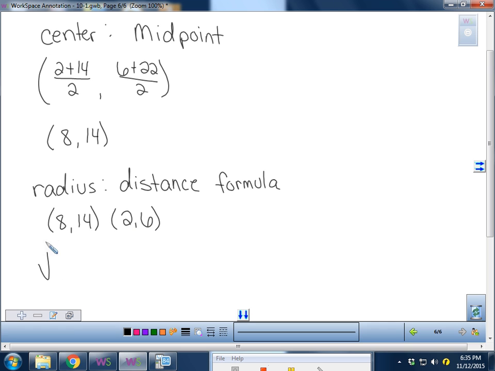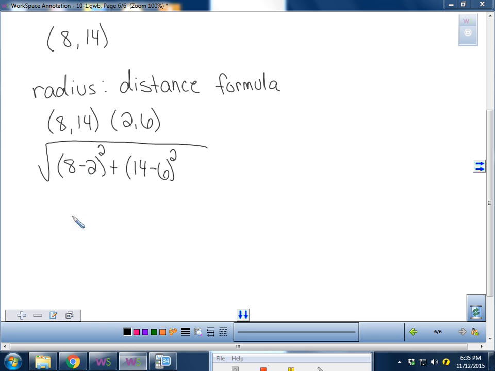So I have to square root. I'm going to subtract my x's, so 8 minus 2, and then I have to square that. Plus, then I'm going to subtract my y's. Since I did 8 minus 2, I have to do 14 minus 6. And I'm going to square that. And if I do that, the underneath part, I'm going to get the square root of 100, which is 10.